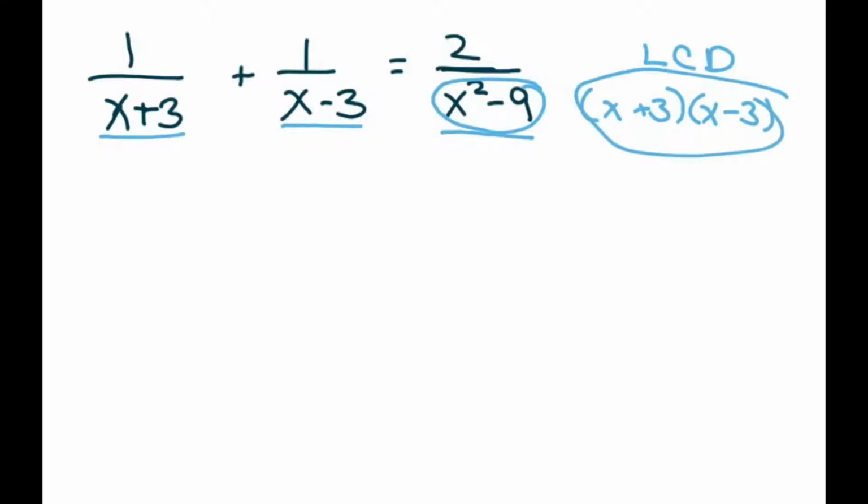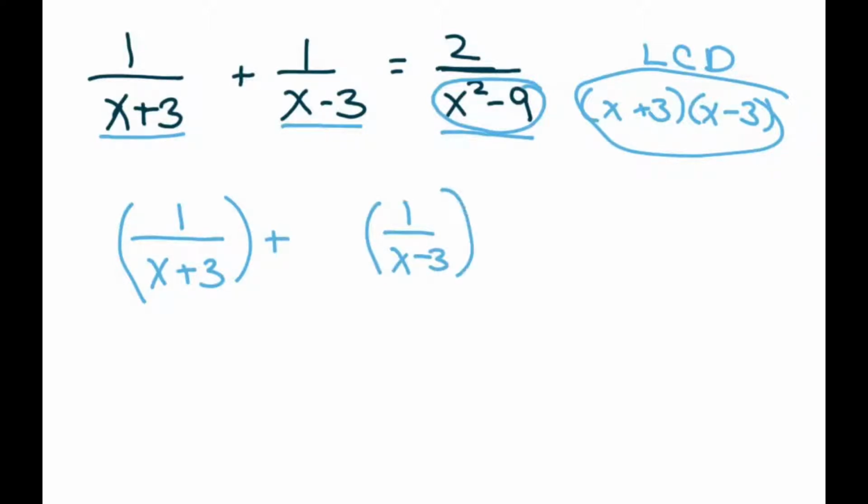is this. So I'm going to take 1 over x plus 3 plus 1 over x minus 3 equals 2 over x plus 3 times x minus 3.